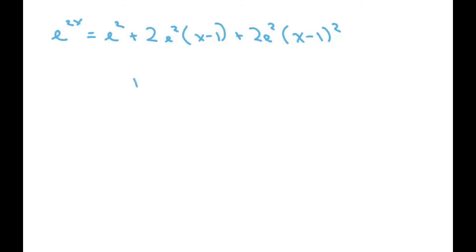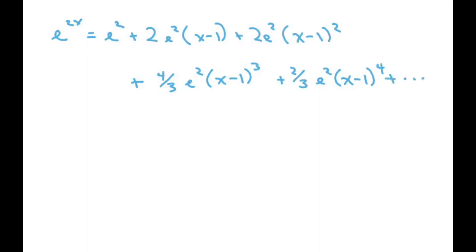So when you clean that up, you're going to get e to the 2x equals e squared plus 2e squared times x minus 1 plus 2e squared times x minus 1 squared plus 4/3 e squared times x minus 1 cubed, and then plus 2/3, this is reducing everything, e squared times x minus 1 to the fourth plus... It goes on for all x.